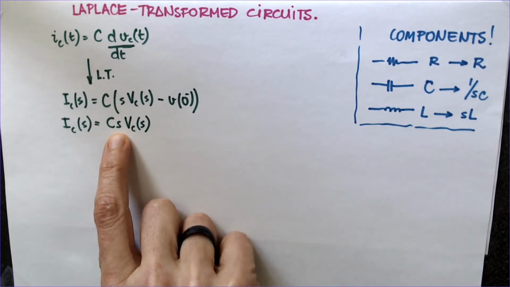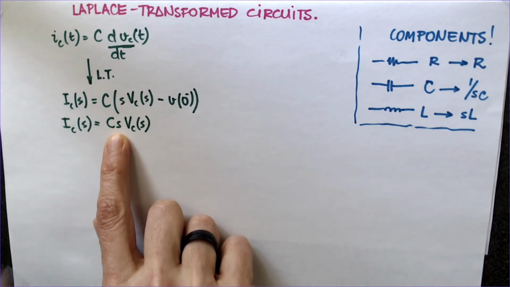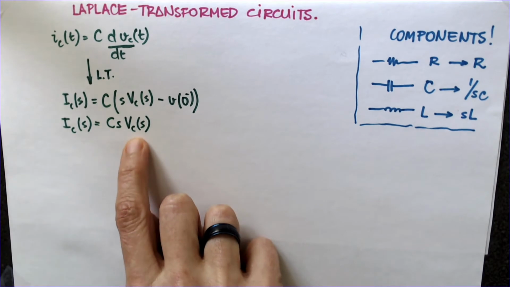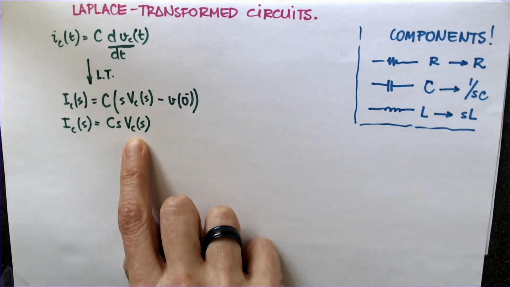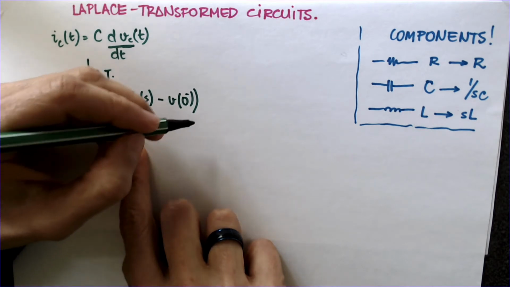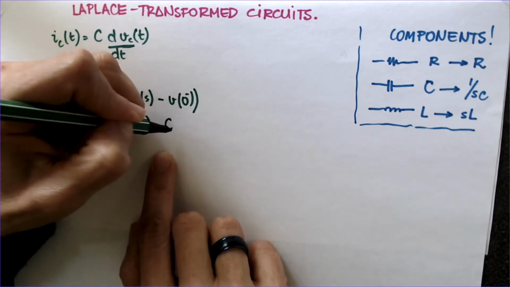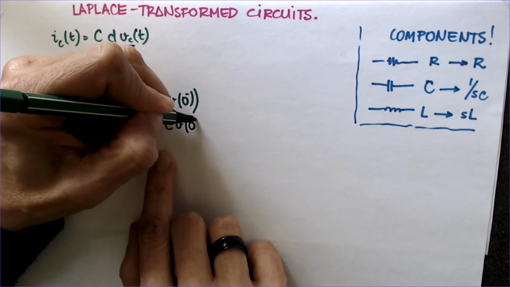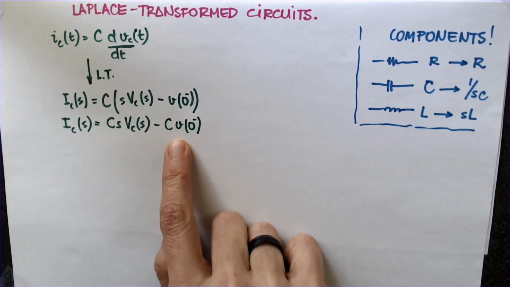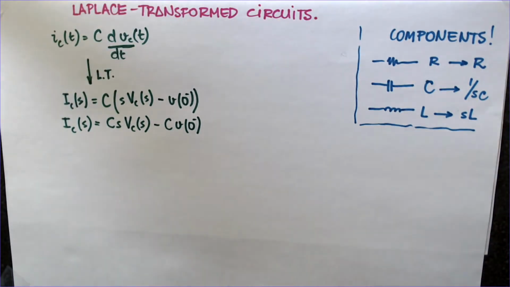This first one is the steady state component of the capacitor. This is what we used in phasors. If you remember phasors, it was V of j omega equals I of j omega divided by j omega C. And here it's the same thing.